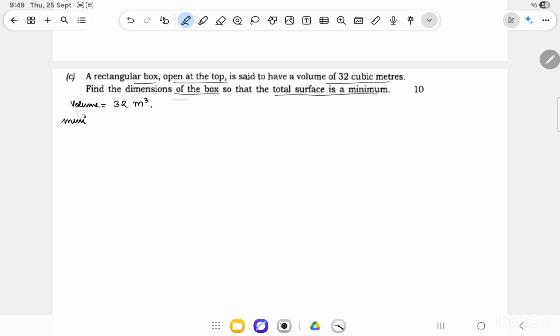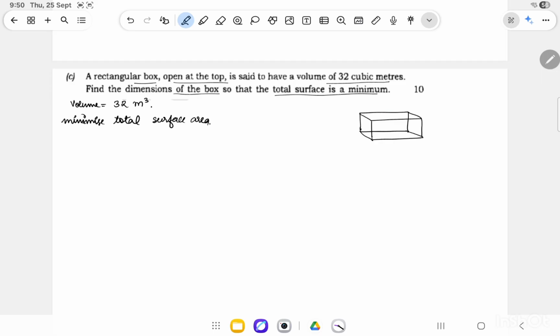So minimize total surface area. Now if you see the rectangular box, it will be somewhat like this, and it is open from the top.